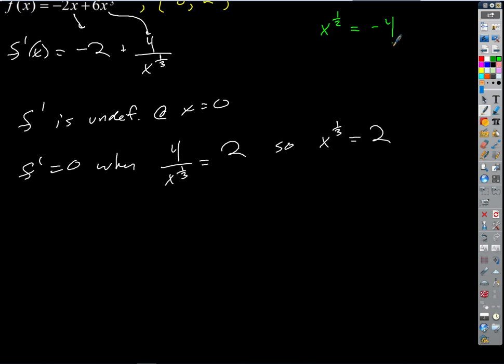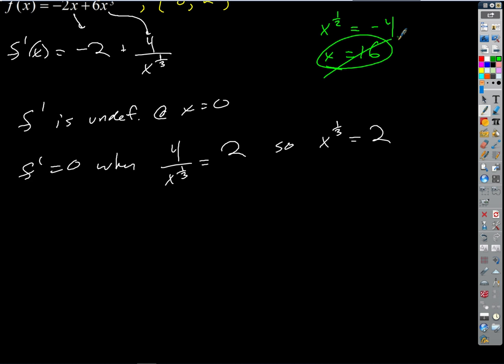If I square both sides, I get x equals 16. And that looks like my solution, doesn't it? Is it? If I plug that back into the equation, what's the square root of 16? It's 4, not negative 4. The square root of 16 is just 4, so that's an extraneous solution. It wasn't a real solution.